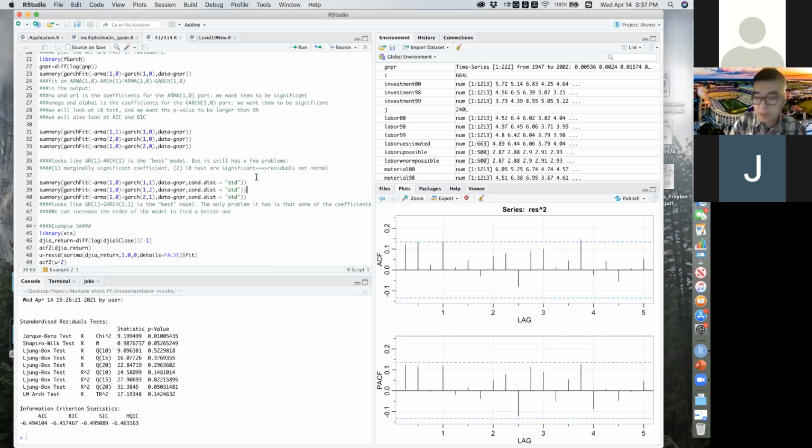Let's go back to this GNP example. Remember that what I said earlier is that if I fit an ARMA(1,0) model, and after I plot the ACF and the PACF of the squared residuals, both the ACF and the PACF tail off. So that suggests we want to fit a GARCH model to it. How about we start with a GARCH(1,1) model? So this is the ARMA(1,0)-GARCH(1,1) model.